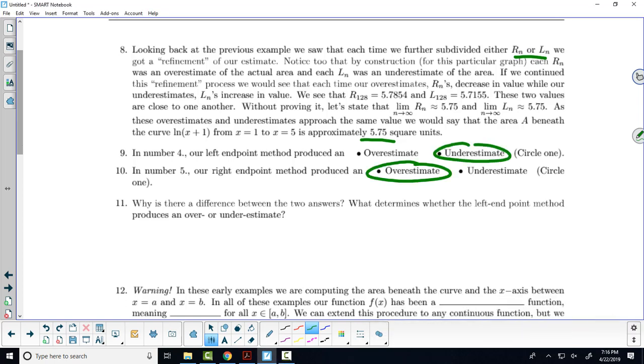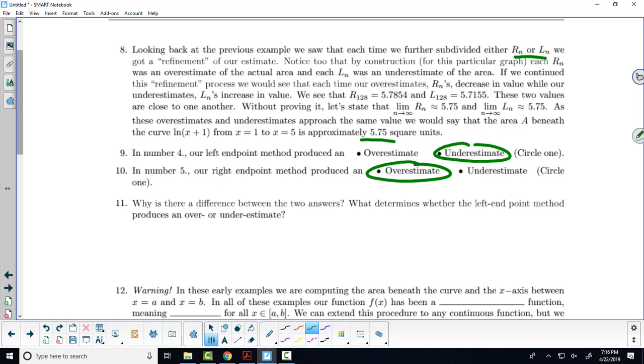So will the left endpoint method always be an underestimate? No. What causes this left endpoint method to be an underestimate? And, to Jesse's point, let's only consider positive functions here. Concavity, maybe? I don't think it's concavity.